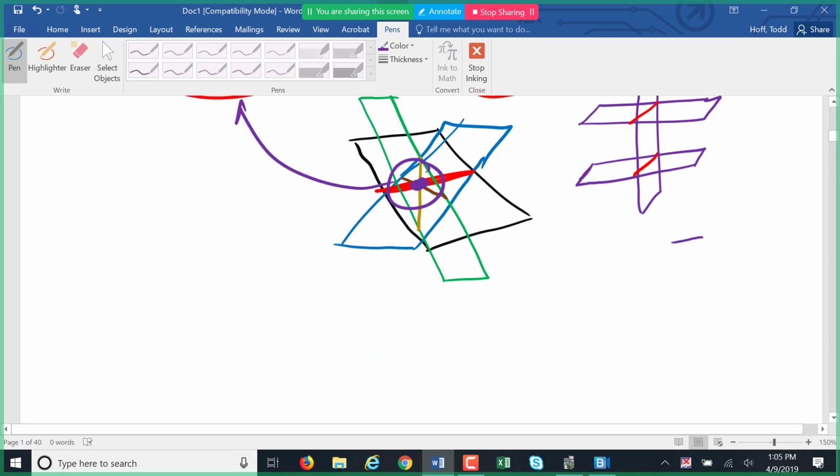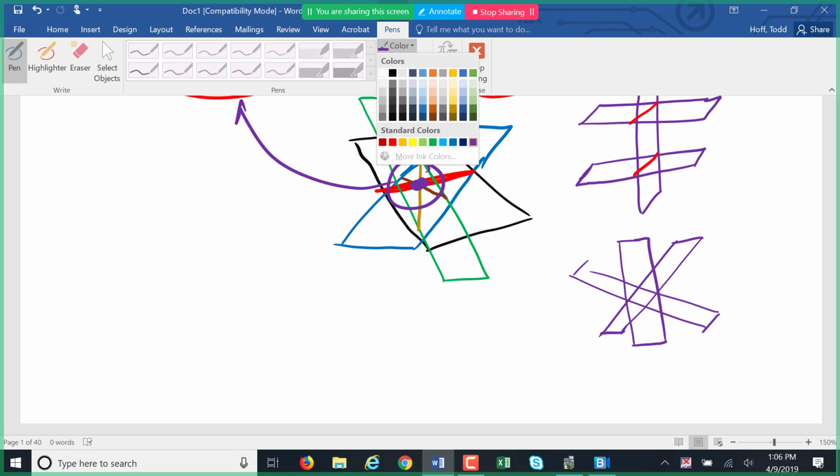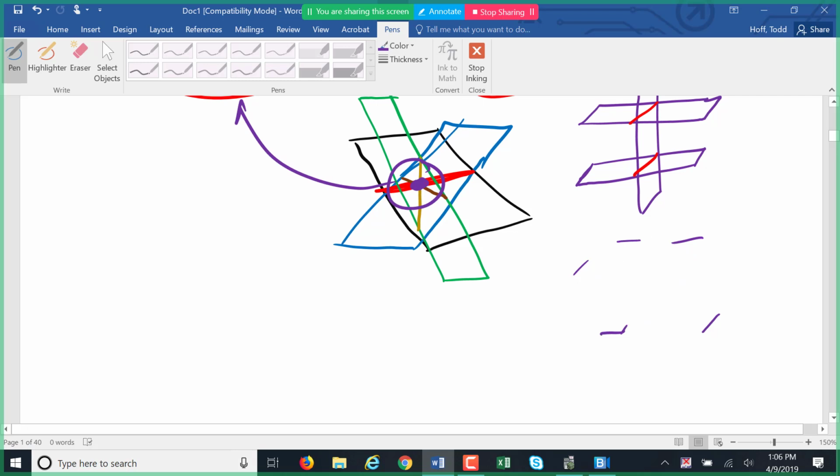We might have all three of the planes. That's kind of a poor drawing. I'm going to draw an end view of it, just because that's the extent of my artistic abilities.